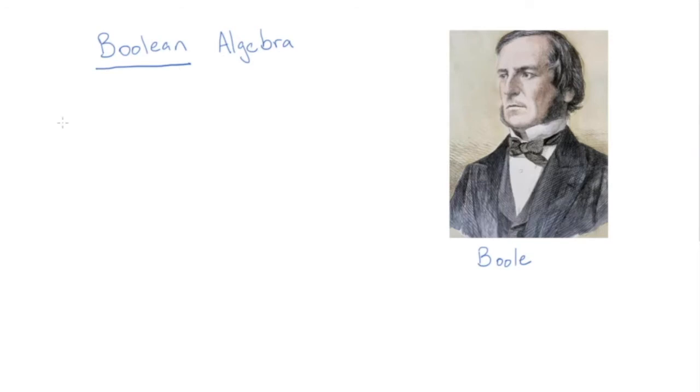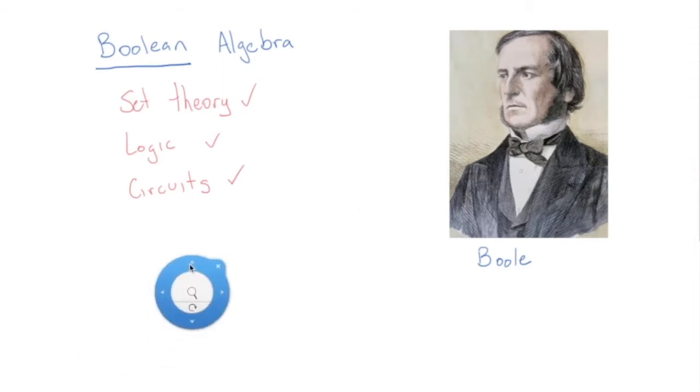What a Boolean algebra is, is stripping all the detail away from those mathematical systems of set theory, of logic, of circuits, and bringing them down to their ultra abstract level. So all of set theory, logic, and circuits, they all make fundamental use of this notion of Boolean algebra. So let's have a look in more detail at what a Boolean algebra actually is.